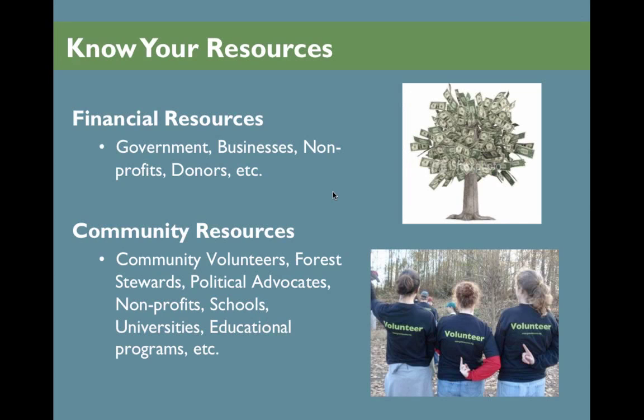So this is a combination of philanthropy, city budgets, and donations. And then in addition to that, it's important to know what your community capacity is and what are the resources available that your community can support, because this is additional leverage to the financial commitment that would be needed to tackle a citywide restoration program.